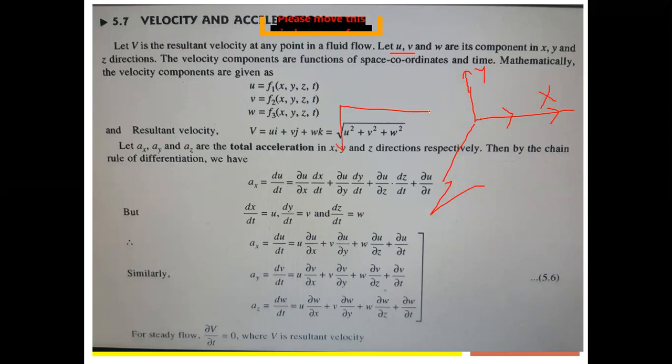Now let ax, ay and az be the total acceleration in the x, y, z directions respectively.